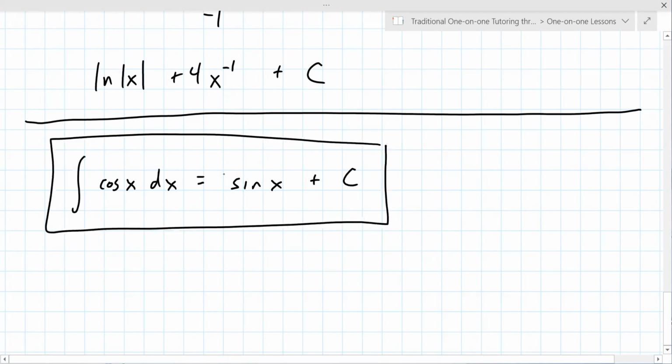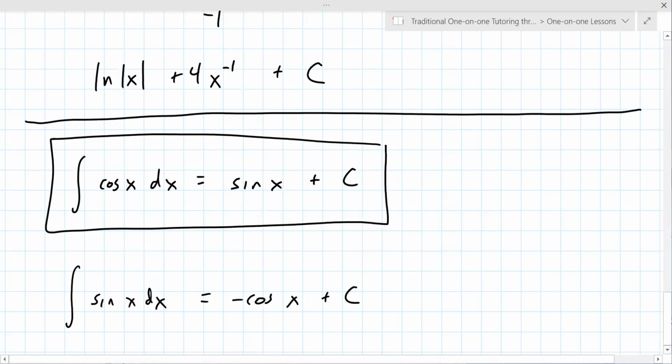Do you remember what the derivative of sine is? It's cosine. So the integral of cosine gets you back to sine.